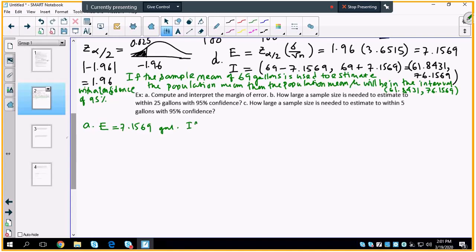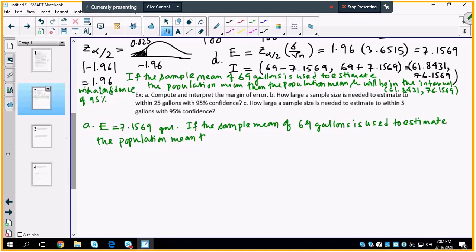We say that if the sample mean of 69 gallons is used to estimate the population mean, then the population mean mu will be the margin of error, 7.1569 gallons, plus or minus of the 69 gallons, which is the sample mean.